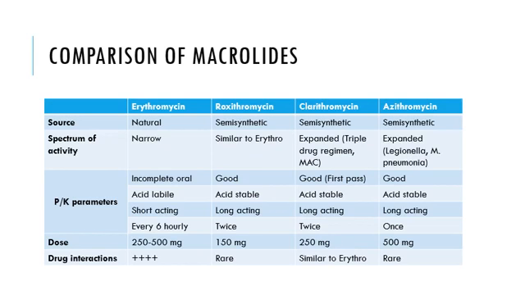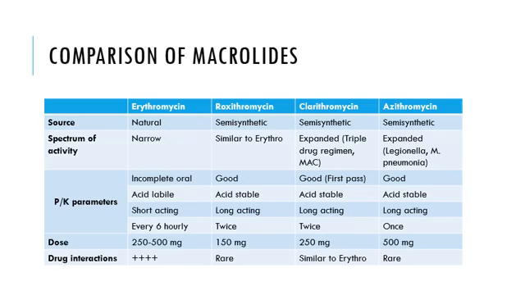Let us see the comparison of macrolides: erythromycin versus roxithromycin, clarithromycin, and azithromycin. Source: erythromycin is natural, while the other three are semi-synthetic derivatives. The spectrum of activity of erythromycin is narrow, roxithromycin is almost similar to erythromycin, and clarithromycin and azithromycin have an expanded spectrum of activity compared to erythromycin.